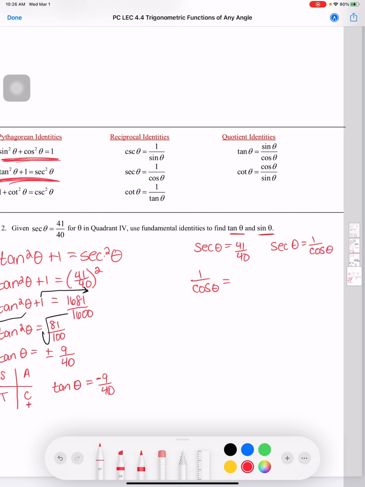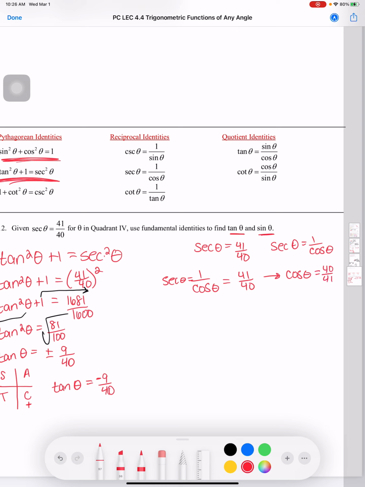Since I have it written down as 1 over cosine theta, that is secant theta. So secant theta is 1 over cosine theta, which is 41 over 40. But this tells me that my cosine, the reciprocal of that, would be 40 over 41.